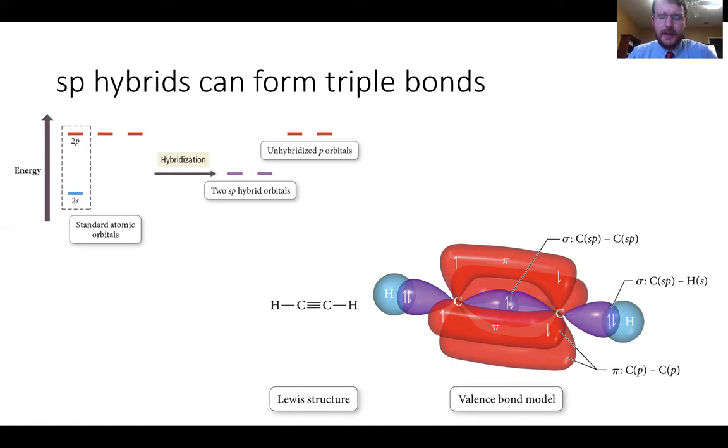And here's ethyne. Because there are 2 pi bonds, if you see something that has 2 double bonds to it, or you see something with a triple bond, you know that it has to be sp hybridized.